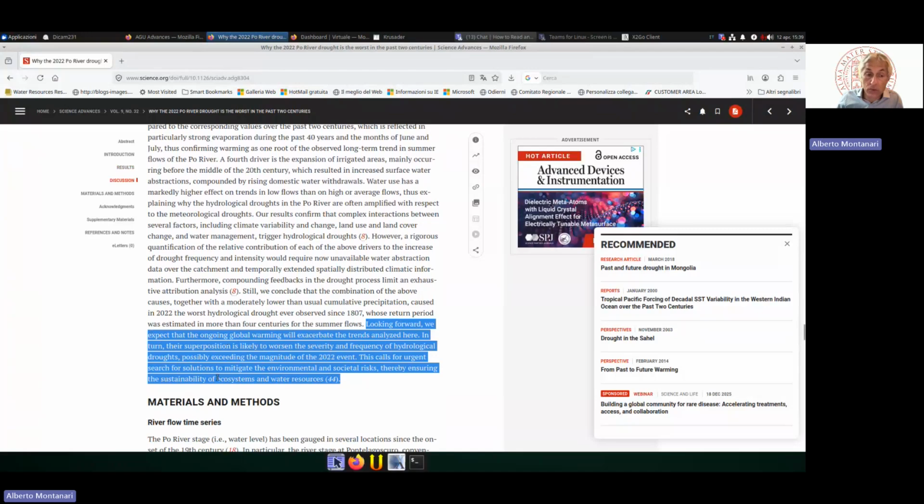And this calls for urgent search for solutions to mitigate the environment and societal risks, thereby ensuring the sustainability of ecosystem and water resources. This is our main conclusion. And here, according to the format required by the journal, the paper is finished.